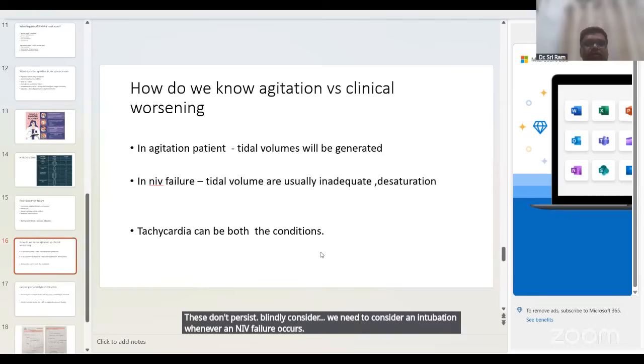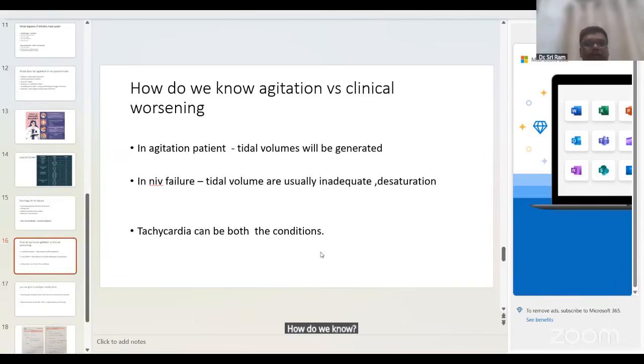How do we know agitation from clinical worsening? In agitation, adequate tidal volumes will be generated. In NIV failure, the tidal volumes are usually inadequate, causing desaturation. Tachycardia can be considered in both conditions.